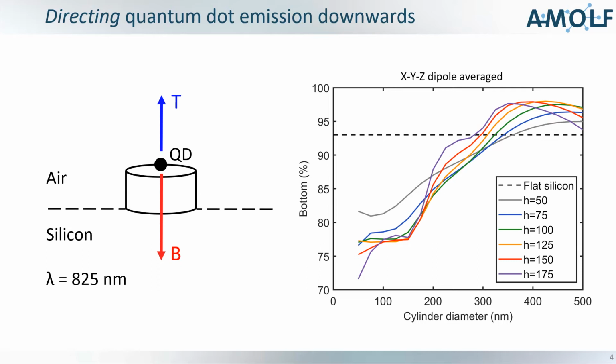Now, we show in simulations that we can beat the 93%, so let's go on, make these cylinders and measure what is the emission of the quantum dots on top.